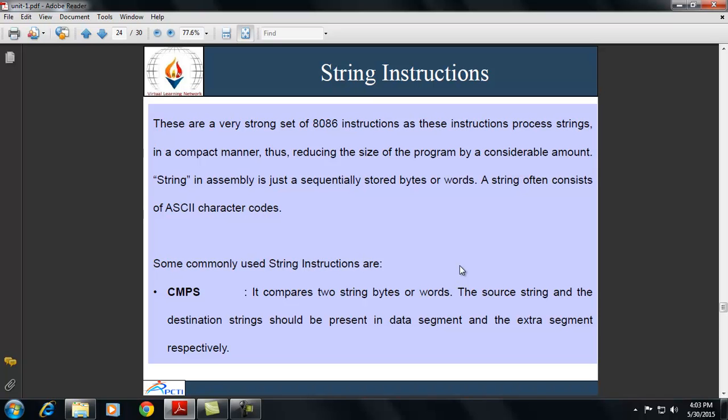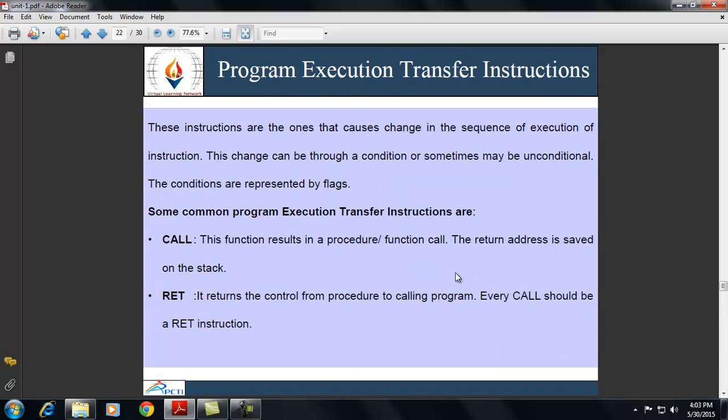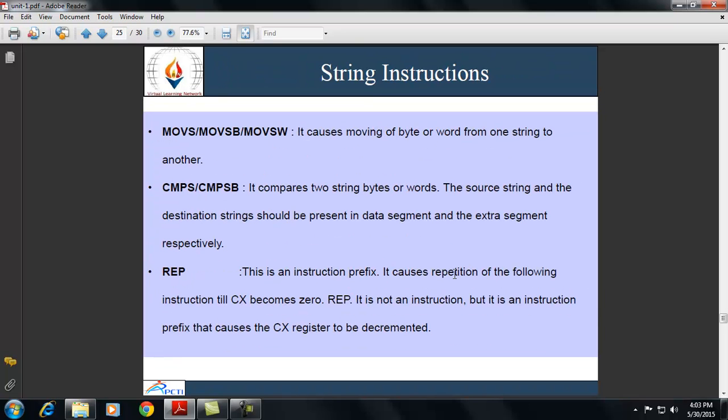Some of the string instructions are CMPS, to compare two string bytes or words. MOVSB and MOVSW cause moving of a byte or word from one string to another. CMPS or CMPSB compares two string bytes or words. The source string and the destination string should be present in the data segment and the extra segment respectively.